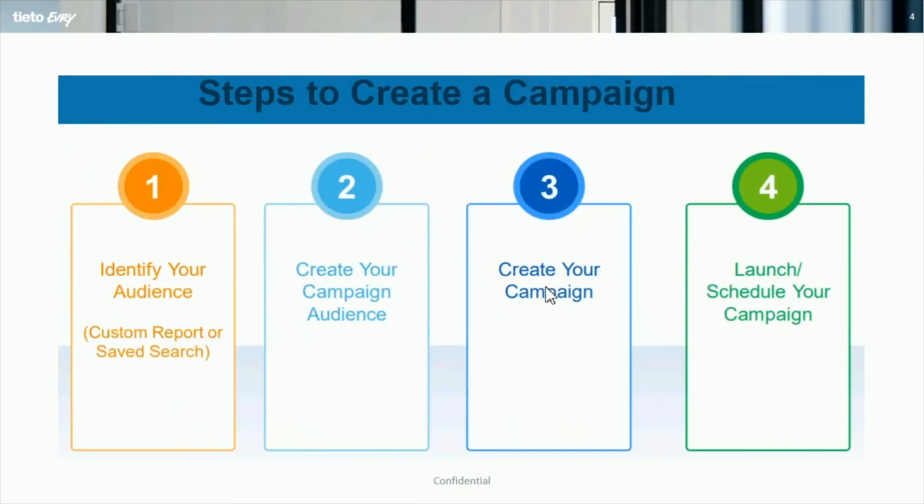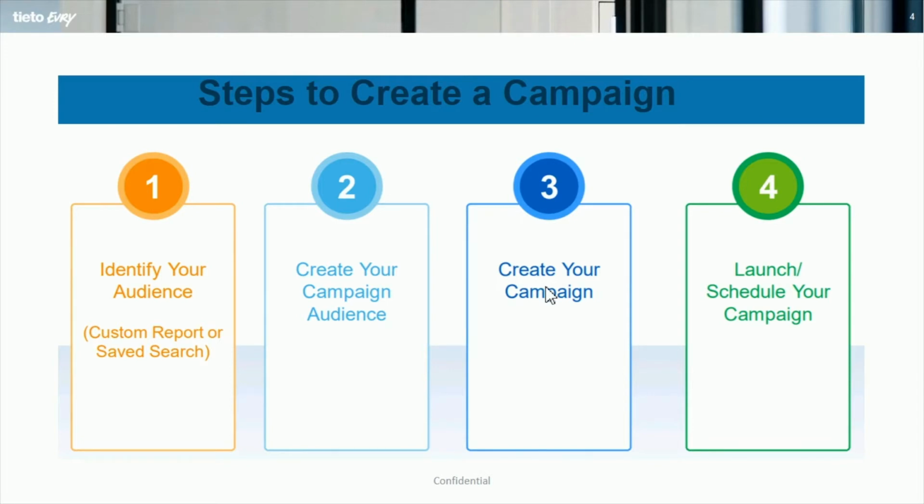Now, before we see the demonstration, we need to understand the steps of creating a campaign. We need to first identify the audience, that is, whom this campaign should go to. For that, we have two options: creating a custom report, or doing it with a saved search. I'll explain what a saved search is in the demonstration steps.